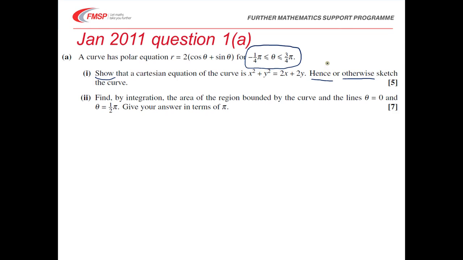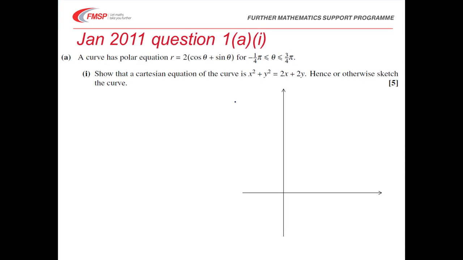We've got a choice, but usually the hence method will be simpler and quicker than trying to do it by some other method. And then for part 2 we've got to do an integration, finding the area of the region bounded by the curve and the lines theta equals 0 and theta equals a half pi. Note that you're asked to give your answer in terms of pi, so we're looking for an exact answer and not a decimal.